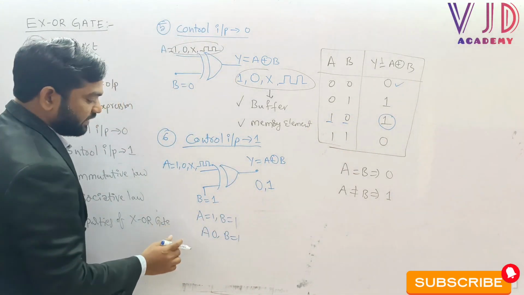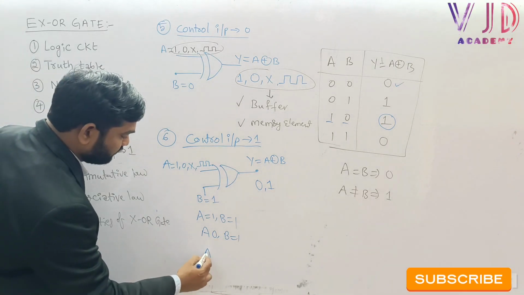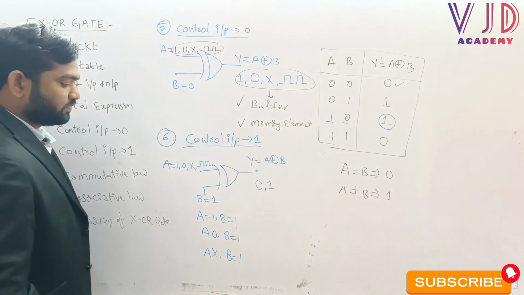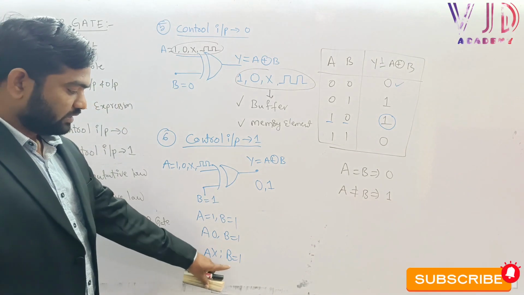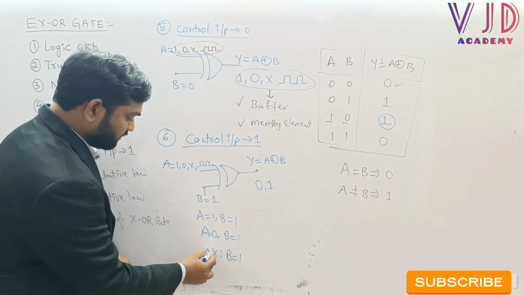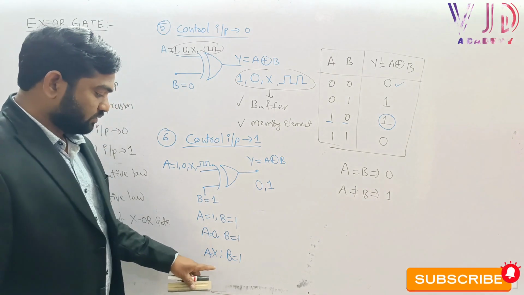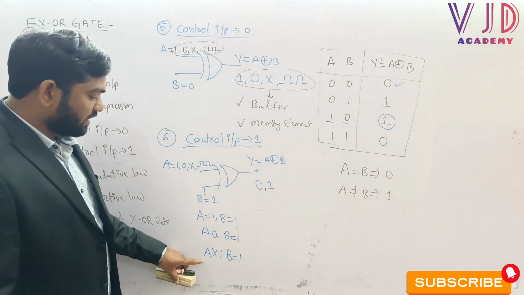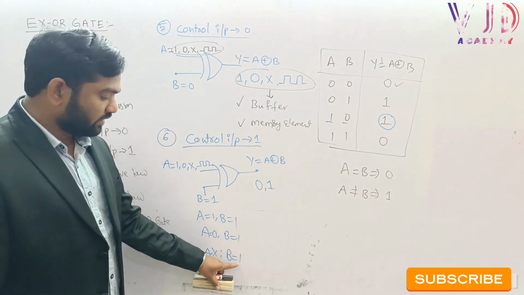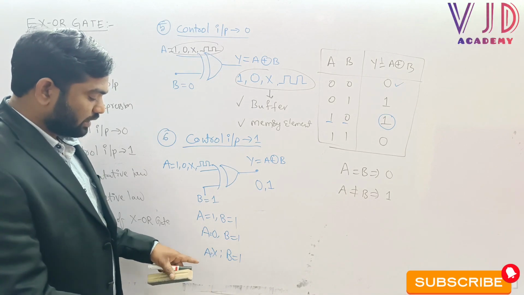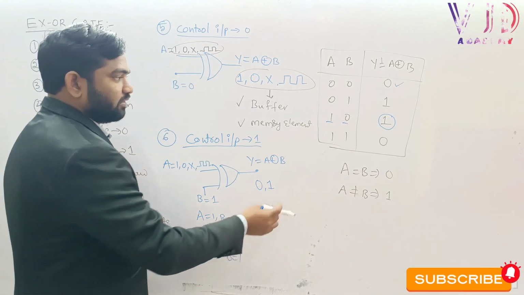Now let me take the third condition, A equal to X and B equal to 1. Here also both inputs are not equal, since B equal to 1 and A is something other than 1. Whatever the input may be for A, if it is not 1, then the input is not equal to B, so the output must be the not equal condition.